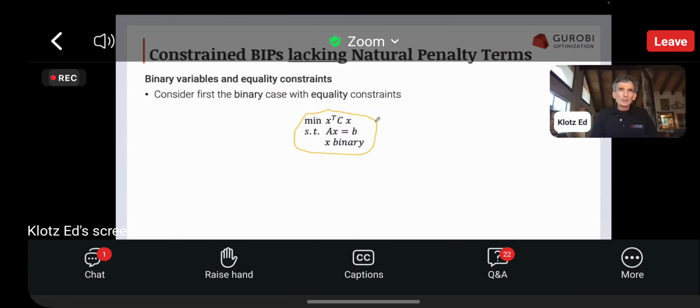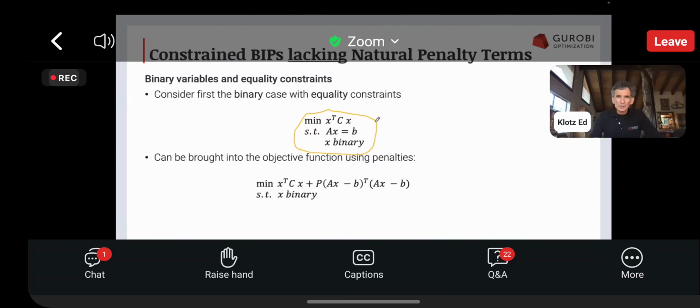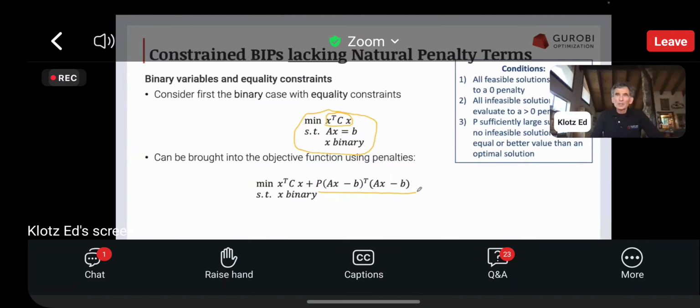So here's the problem of interest: equality constraints, all binary variables, quadratic expression that could be transformed from a linear expression. And we again penalize the difference of squares and remove the constraints.